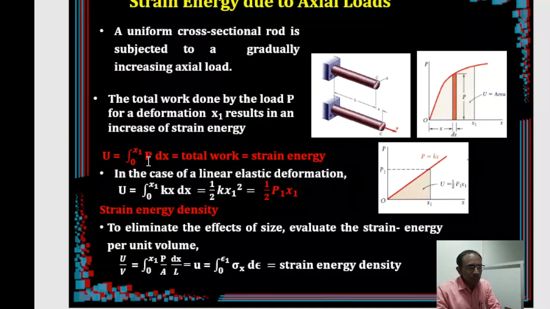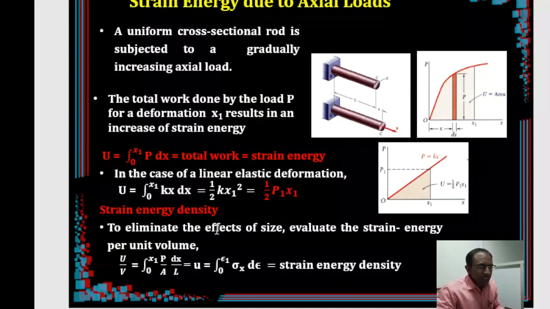Now if you consider a perfectly linear elastic material, or deformations such as in a spring, P can be replaced with a stiffness term, kx. So P equals kx, and if you substitute, this becomes half kx squared, right, half kx squared.